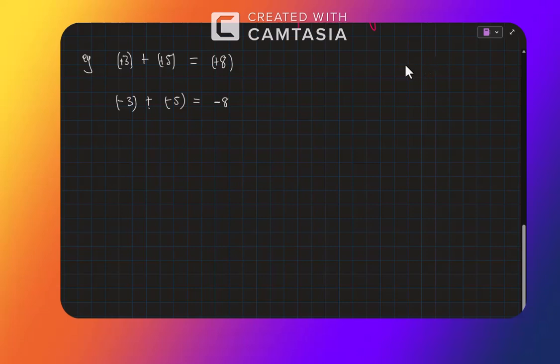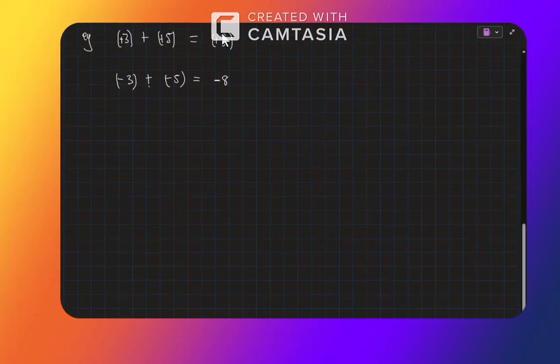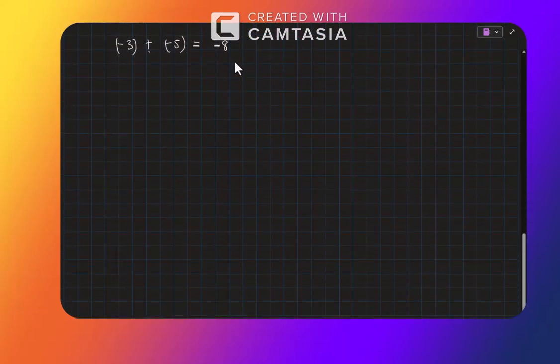How do we add values of different signs?